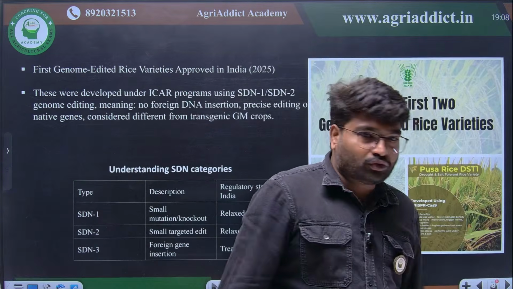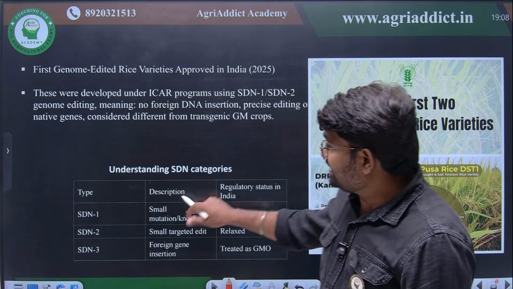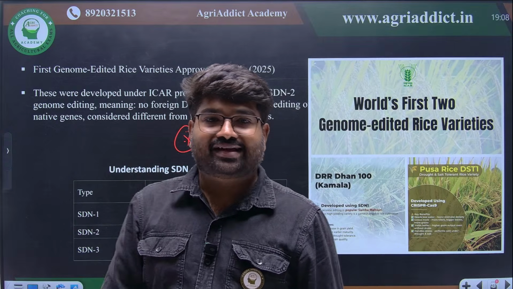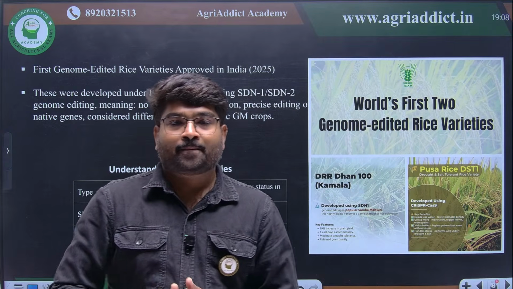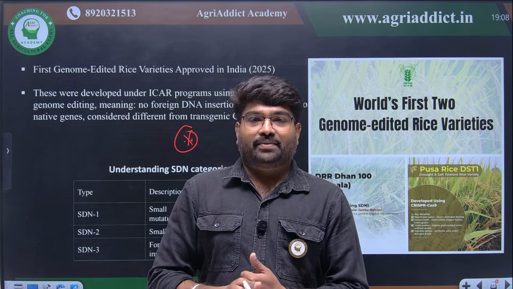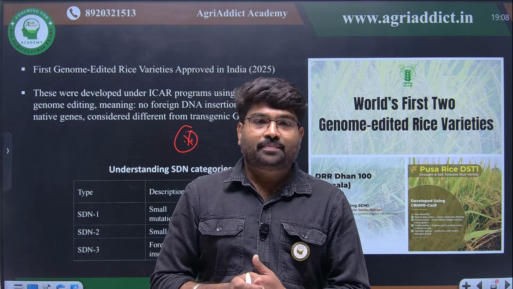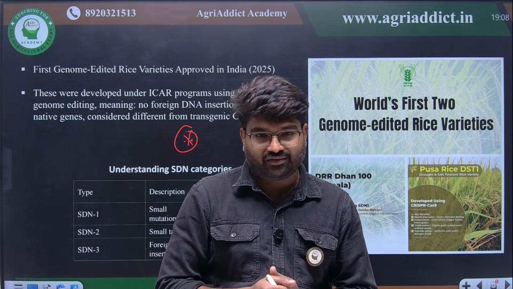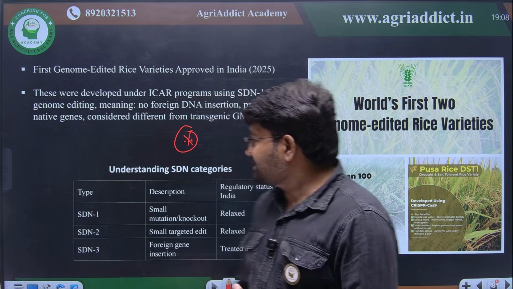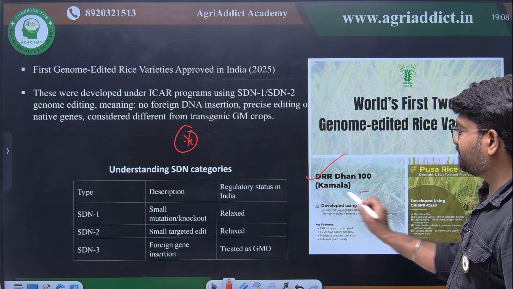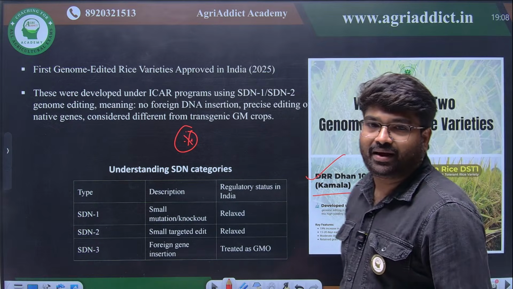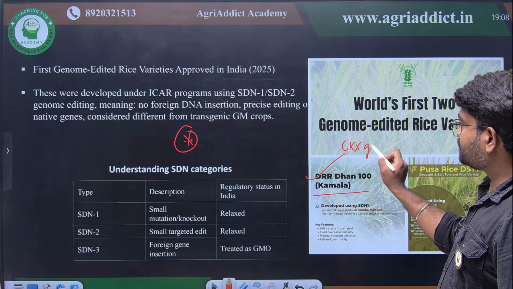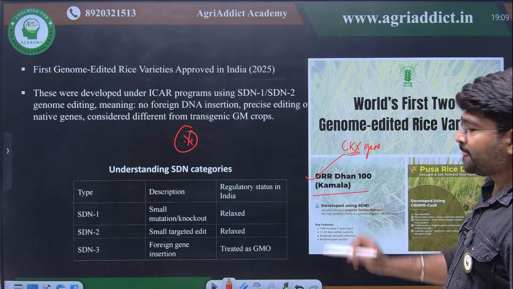And the most important thing, they can ask this in current affairs. For example, a general agriculture question: what are the recently developed genome-edited rice varieties? This I already told. Two different varieties are there. One is DRR Dhan 100, which we can also call Kamala. They have targeted the CKX gene, the cytokinin oxidase gene.